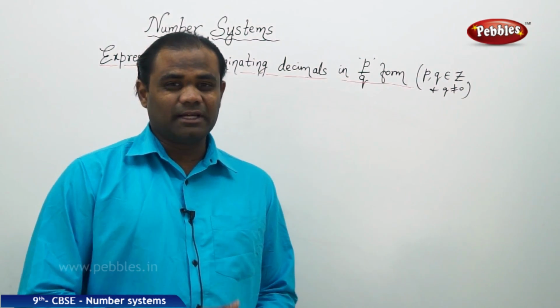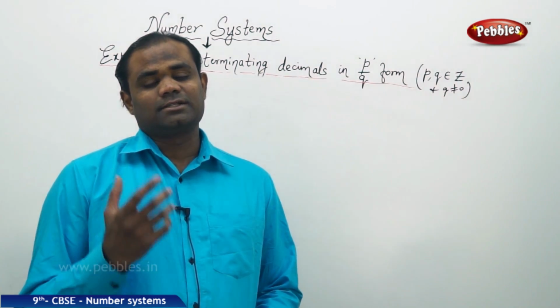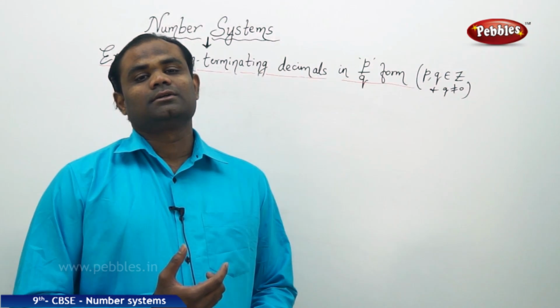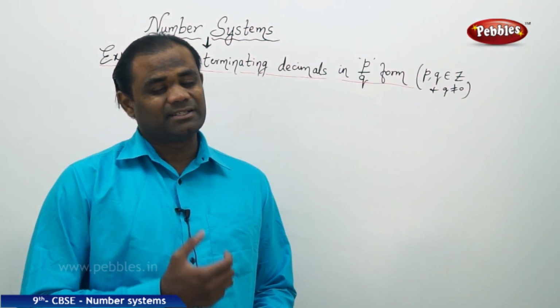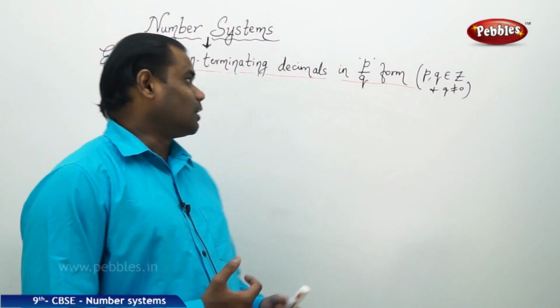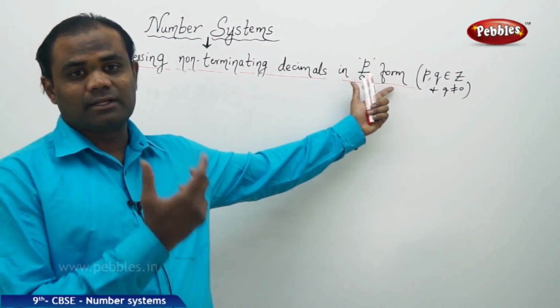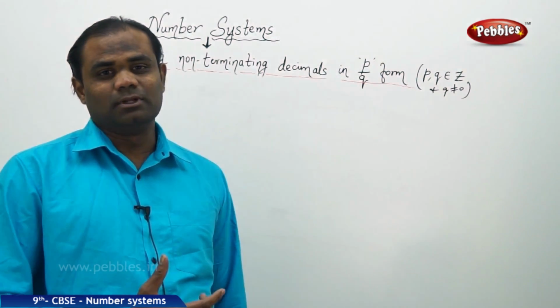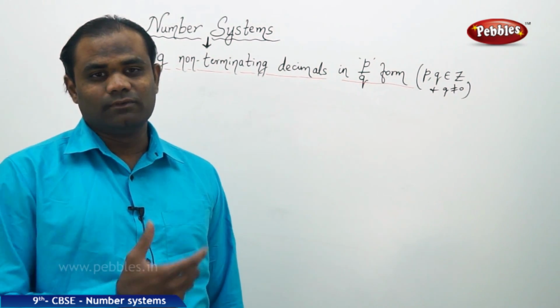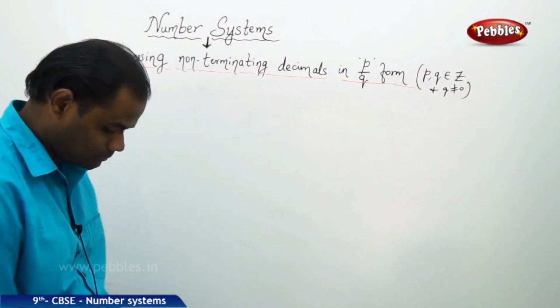In the previous session, we have seen a number with one repeating digit, 0.3 bar. Suppose I have the bar over 2 digits. Let's see how we can convert that into a rational form, or whether it is possible or not, is what we are going to investigate in this session.